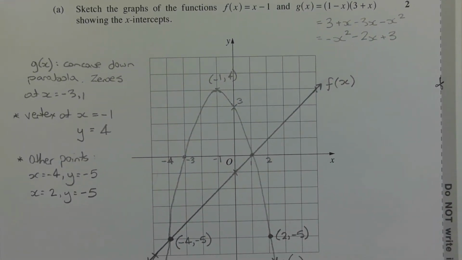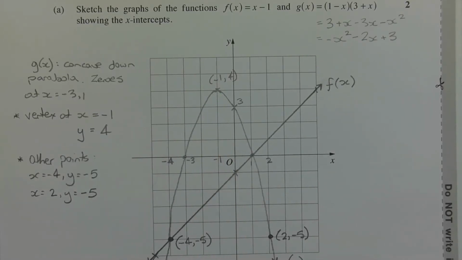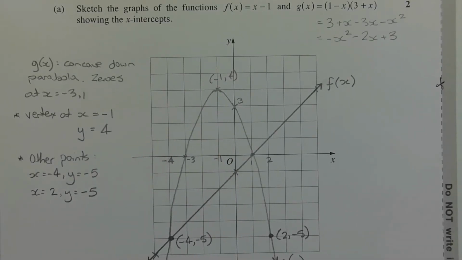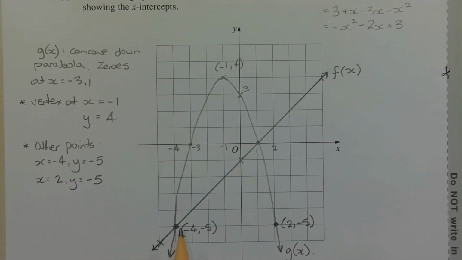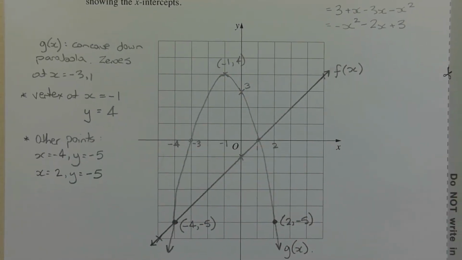We also know that this parabola is symmetrical about the axis x equals negative 1. And we can use that to help sketch the graph. Some other points, so x equals negative 4, y equals negative 5. When x equals 2, y equals negative 5 as well. And that's this point here and here, just so that we've got a couple of other points, which helps us to sketch the graph of the parabola.